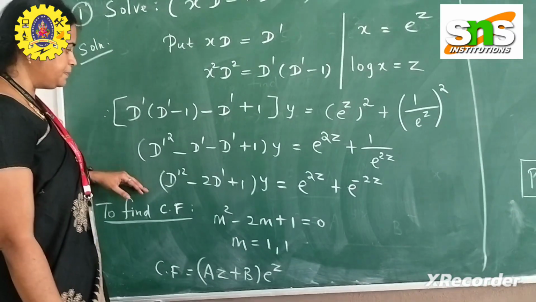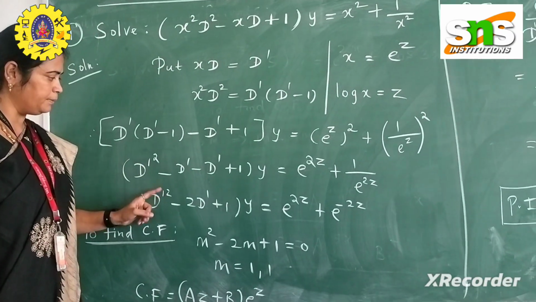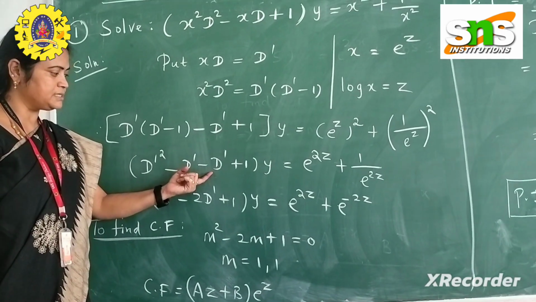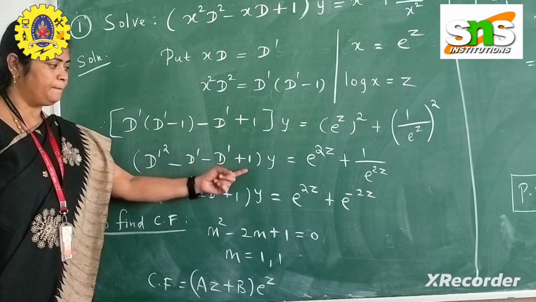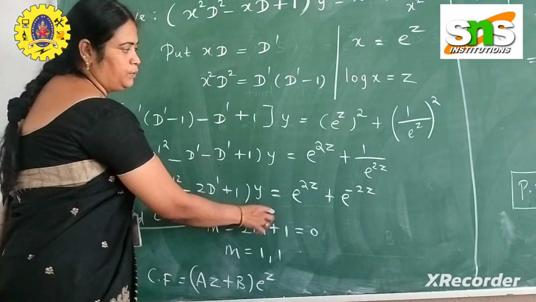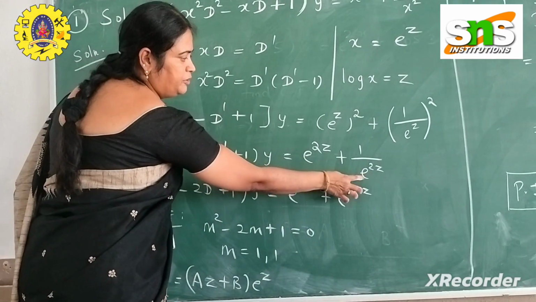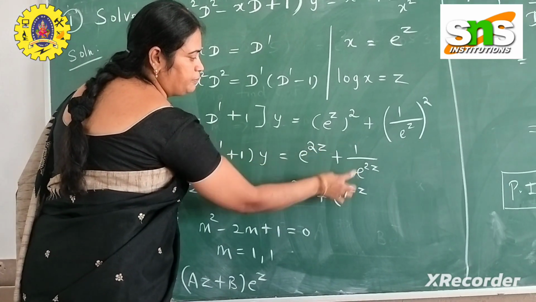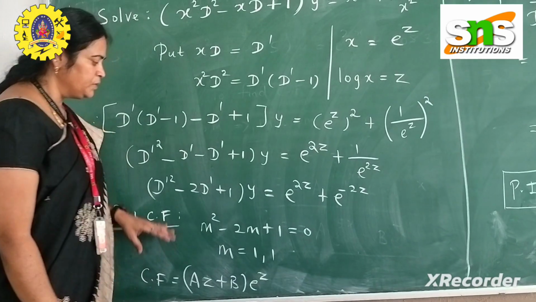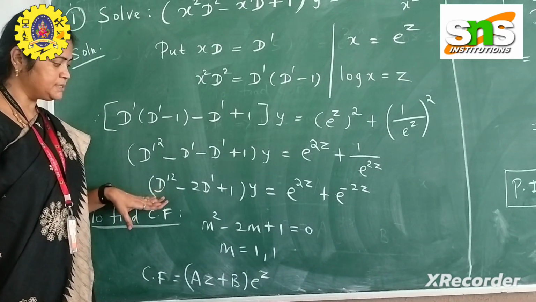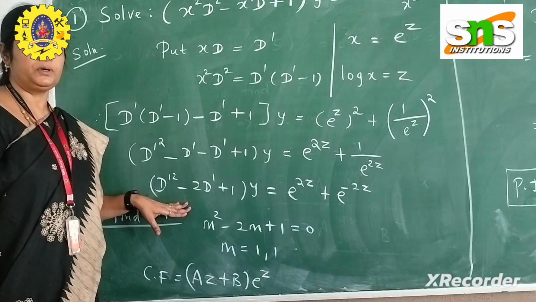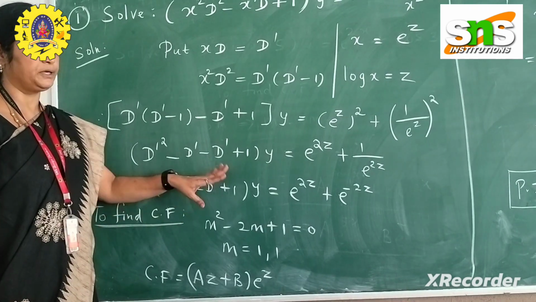So in the next step, it is simplified as (D'² − 2D' + 1) y equal to e^(2z) plus, when this comes to the numerator, e^(−2z). After this simplification, you keep this as it is, and for this problem you have to find the complementary function and particular integral.